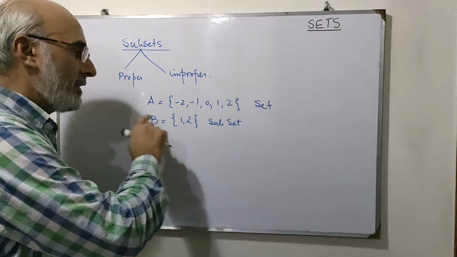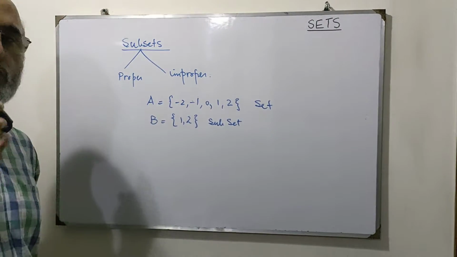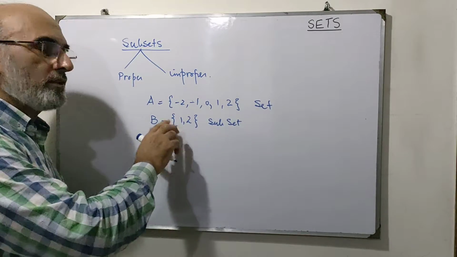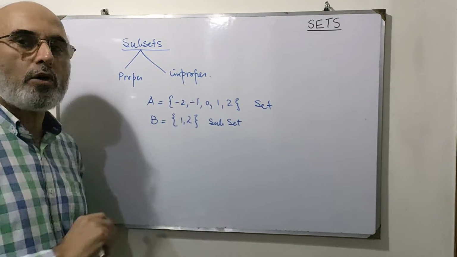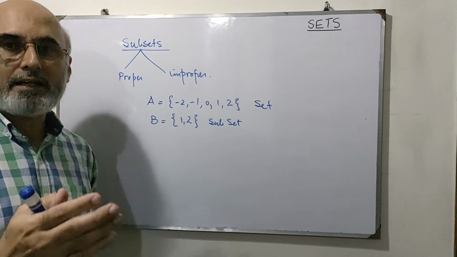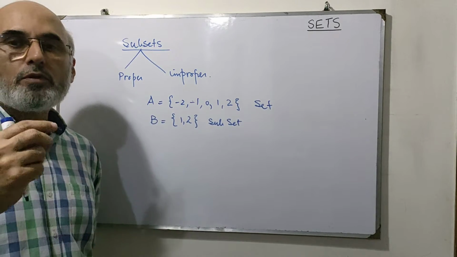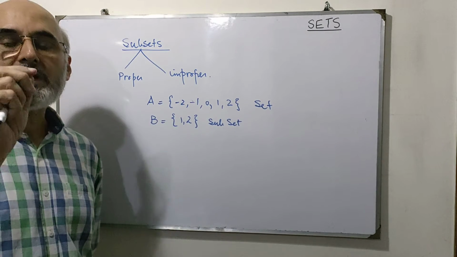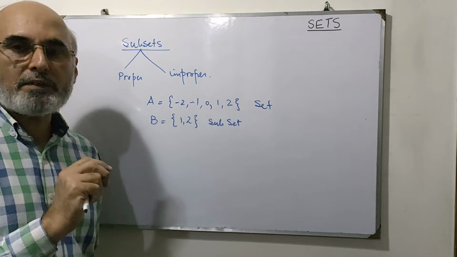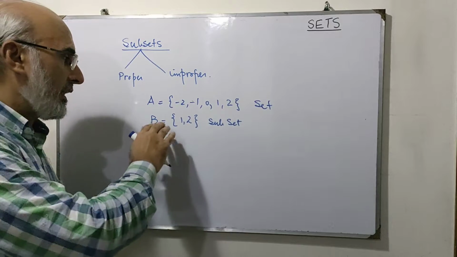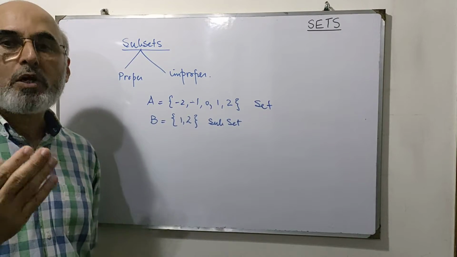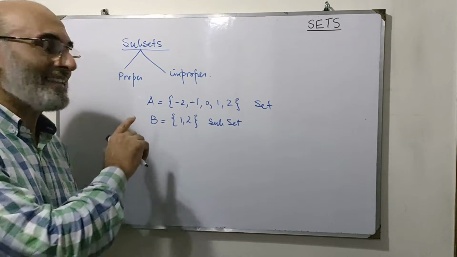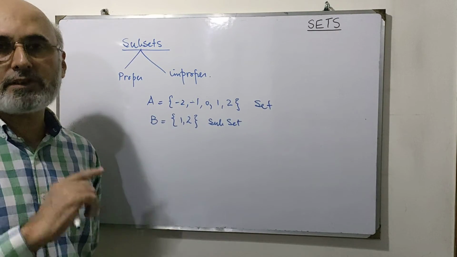Now, why is B a subset? B is a subset because it contains two elements, and those two elements are also in set A. And it is also a proper subset. The definition of a proper subset is that it contains elements which are also in the set, but it does not contain all the elements of the set.